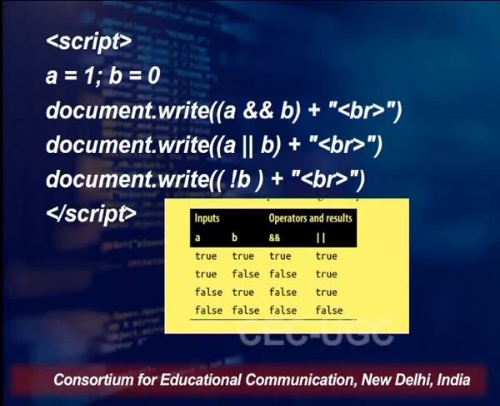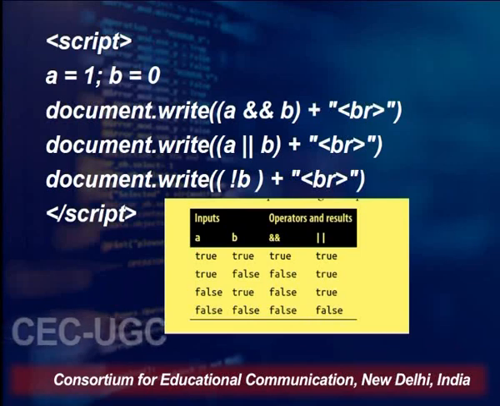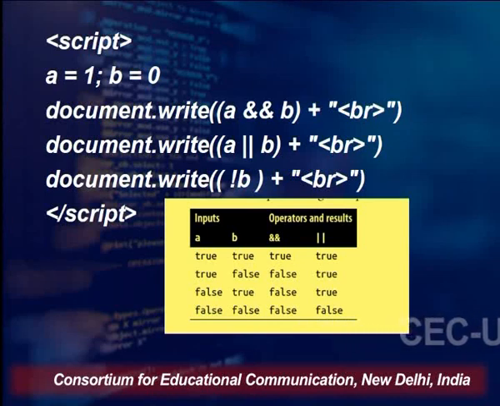So if we look at a simple script to understand how these operators work, in the first case we have initialized 2 variables. We say A is equal to 1 and B is equal to 0. So we know that the value 1 represents true and the value 0 represents false. In this case we are writing document.write A and B. That is, both A and B have to be true for the value to be true. Since B is 0, that is B is false, this statement is going to return a false.